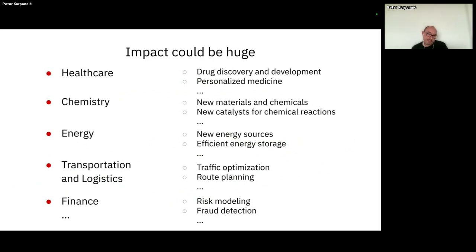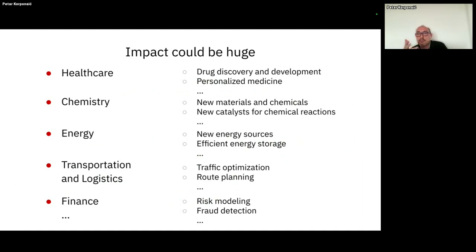I listed only a few industries here, like healthcare, chemistry, energy, transportation, logistics, and finance. For example, in healthcare, we can use quantum computers to calculate molecules which are a cure for some deadly diseases. We can make personalized medicine by calculating molecules which will interact with proteins in the human body, which is different for every patient.